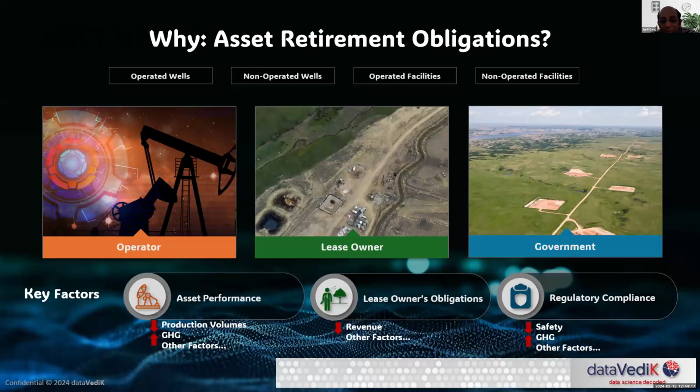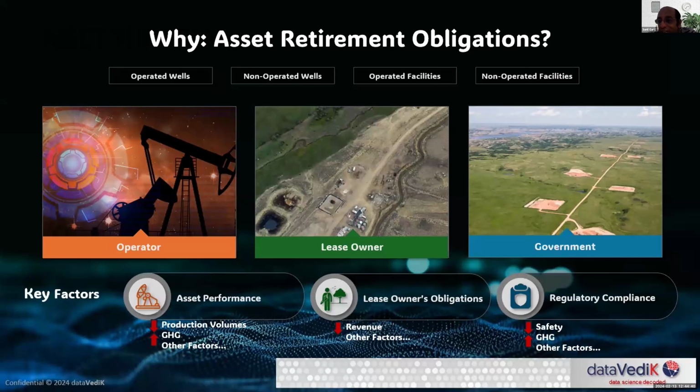From a lease owner perspective, there might be issues around whether they are getting sufficient revenue from this land. If not, then they might have some obligations to make sure that the wells and facilities are abandoned. If I look at the government, the railroad commissions, they have regulatory compliance requirements, one of which is safety.